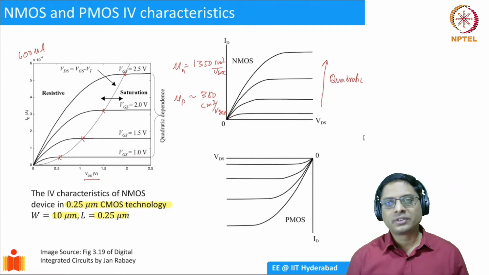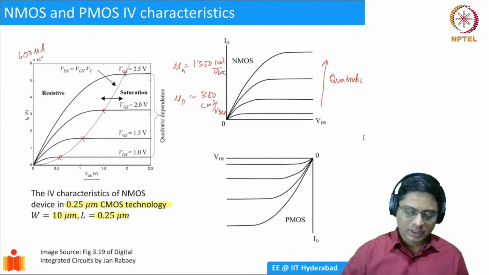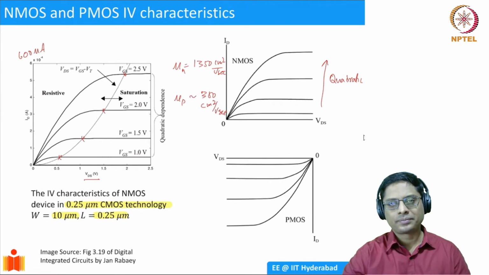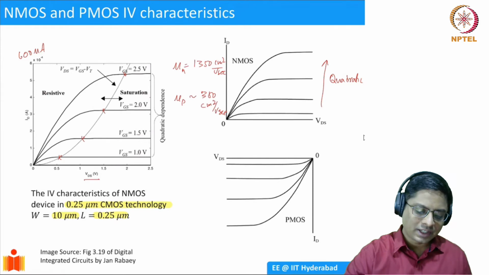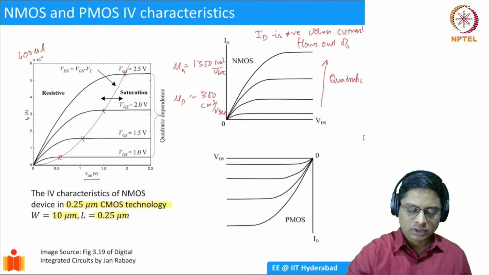When you go to PMOS devices, we have exactly the complementary situation. In an NMOS device, because VD is positive, electrons will enter into the drain. So by convention, we take the drain current ID to be positive when current flows out of the terminal.